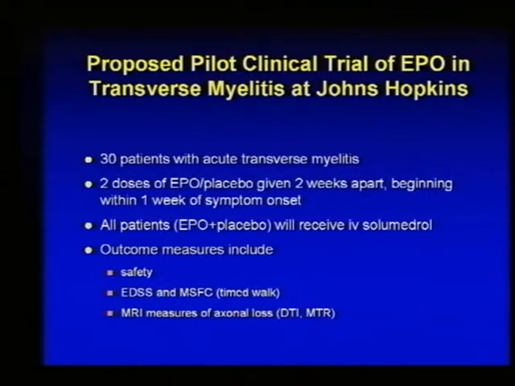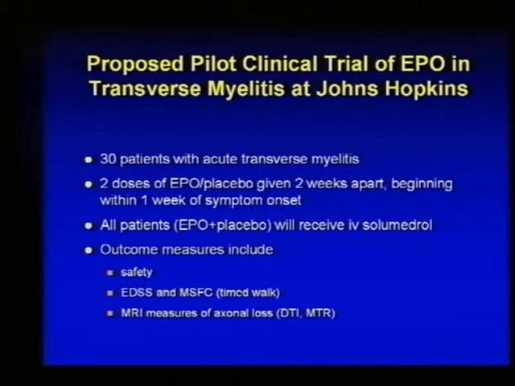The proposed trial, which is due to start later this year, involves recruiting 30 patients with acute transverse myelitis. This would be a placebo-controlled trial, so half the patients will get EPO and the other half will get placebo.